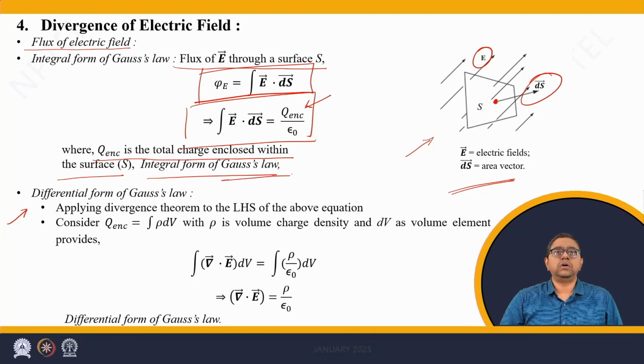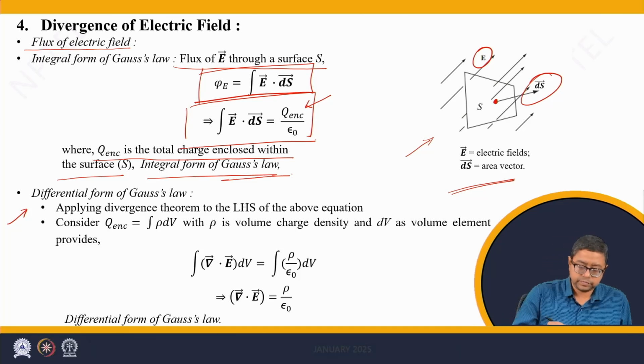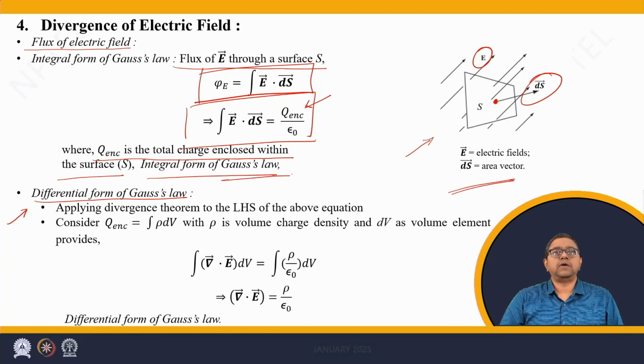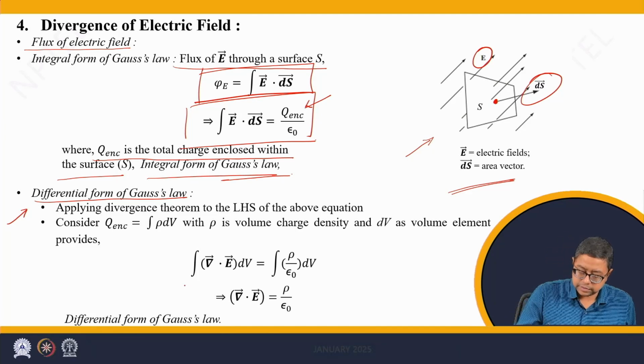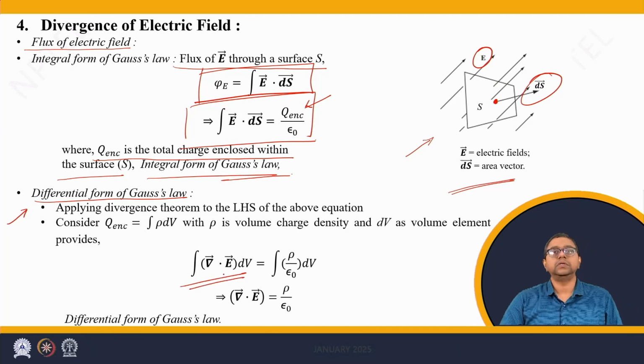We can also understand this from the differential form of the Gauss law. Applying the divergence theorem on the left-hand side of the above equation, we obtain integral of divergence of E dV, which is equal to integral of E dot ds.